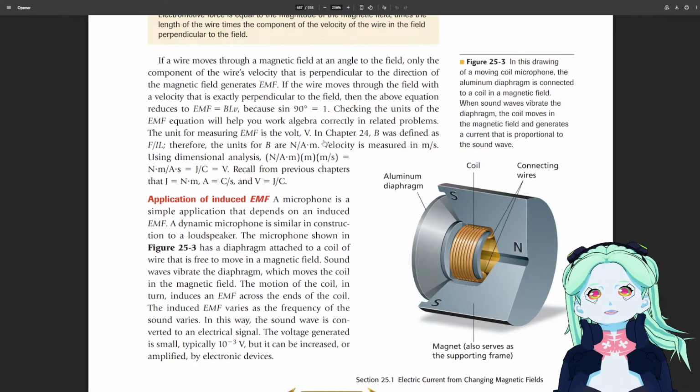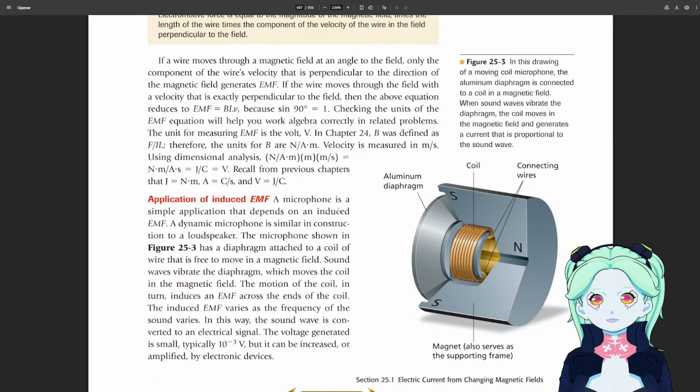Wait, so are you telling me that induced EMF is basically just a battery? It's basically just an induced battery?